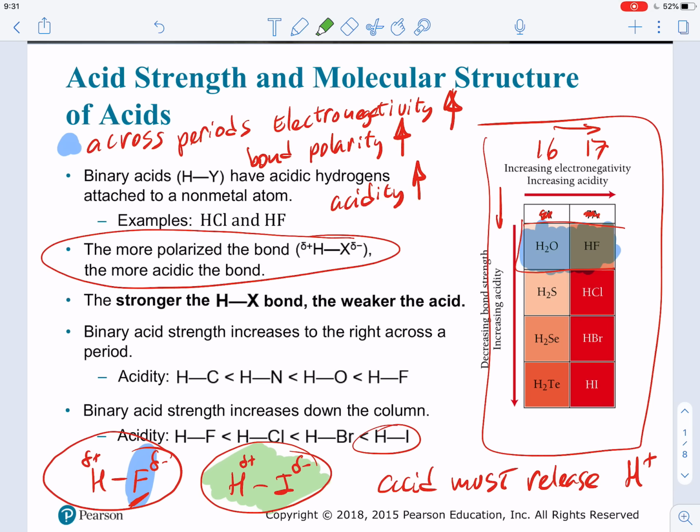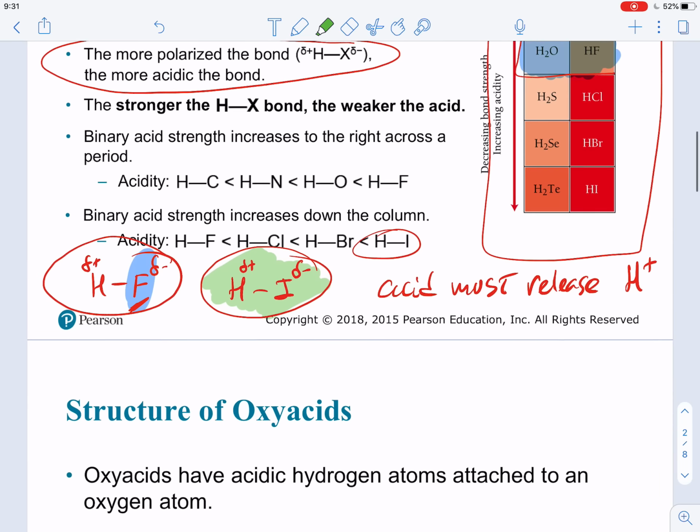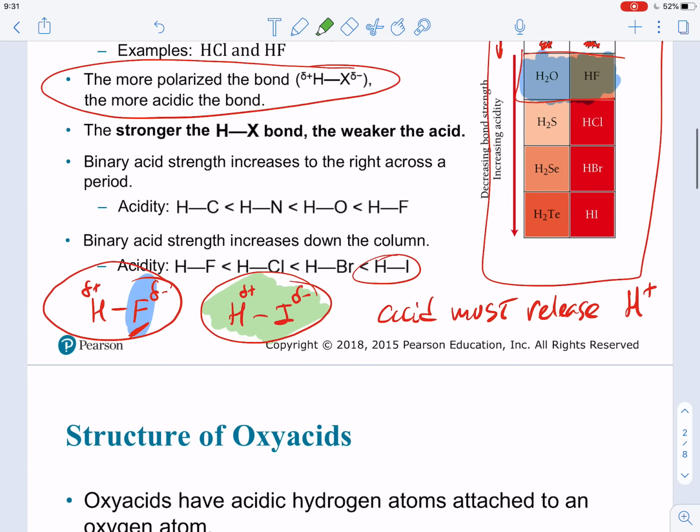That's the main thing here. So if you move down a group, it doesn't have to be halogens, it could be anything in the periodic table for non-metals, they will have the same behavior. Down a group, electronegativity decreases.